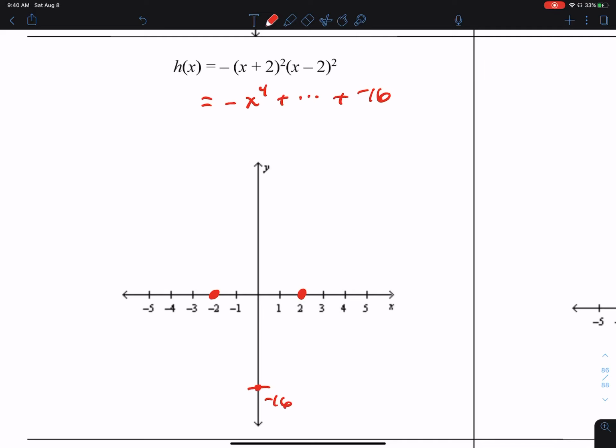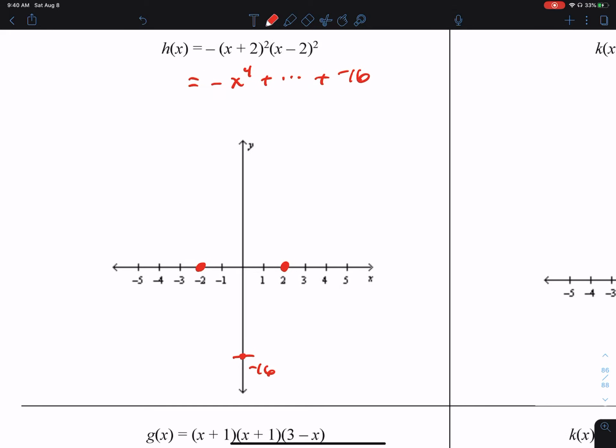As far as end behavior goes, it's an even degree function. Therefore, the end behaviors are both up or both down, both the same. This negative tells us that the end behaviors are both down. So the graph has to go up, hits this x-intercept, comes back down because it's tangent. Maybe the minimum's here at negative 16.